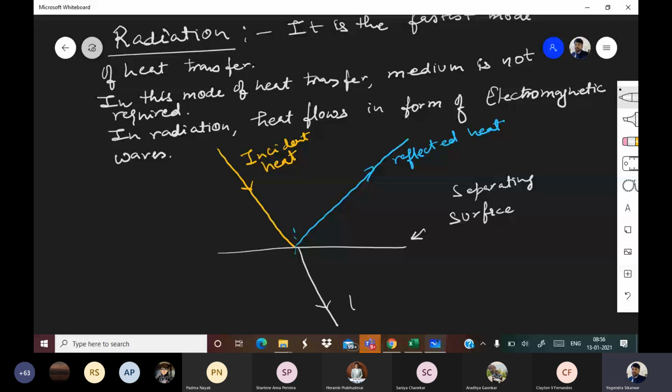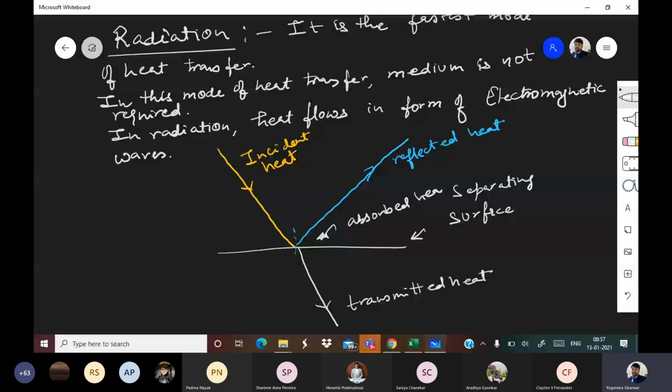So this is transmitted heat. And this heat can get absorbed also. Absorbed heat.